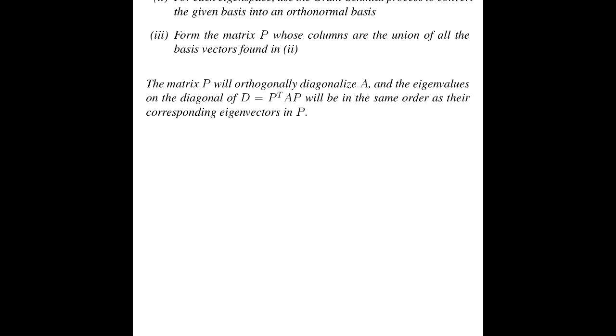Suppose we have a symmetric matrix A that has, let's say, 3 distinct eigenvalues: lambda 1, lambda 2, lambda 3. The dimension of the corresponding eigenspace for each of them may not be 1.